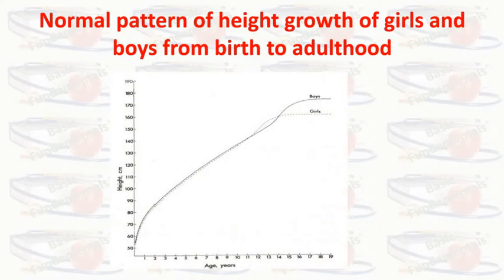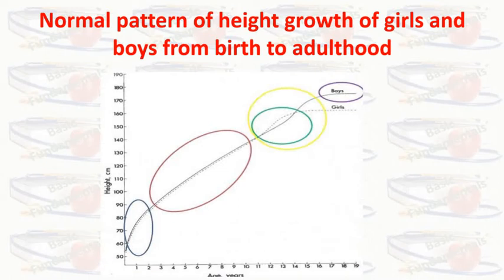This is the normal pattern of height growth for girls and boys from birth to adulthood. See, this dotted line is for the girls and this solid line is for the boys. It represents the growth in boys and it represents the growth in girls.